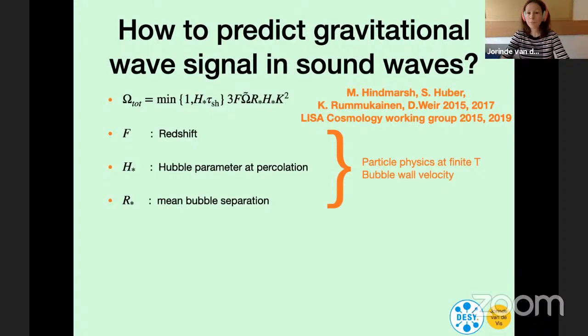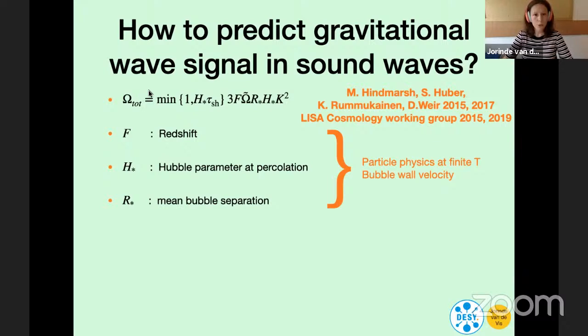Fortunately, they have been done by a couple of people that are also in the audience. And it turns out that the signal coming from these simulations can be described by a fit. This expression here gives the amplitude of the predicted gravitational wave signal, and then there's also a shape which is universal.